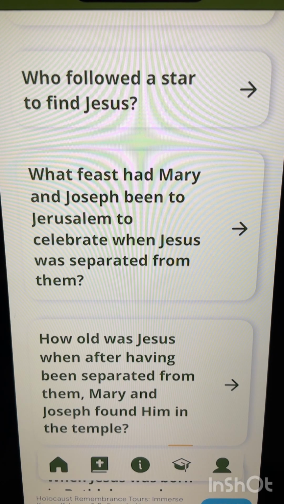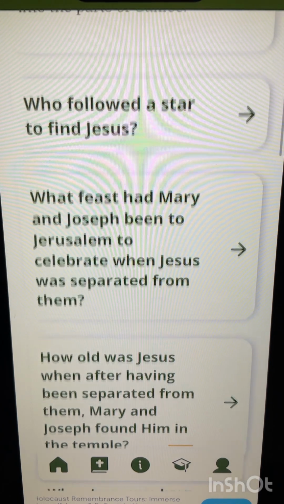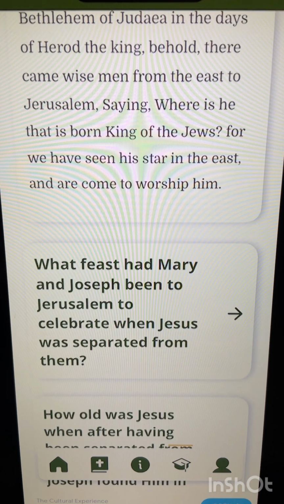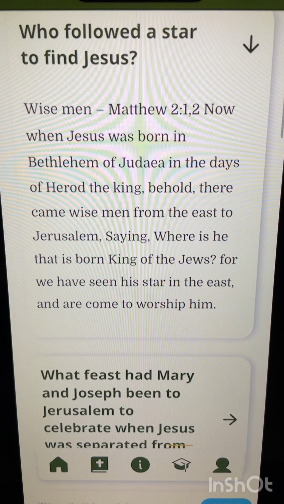Who followed the star? Answer is wise men.